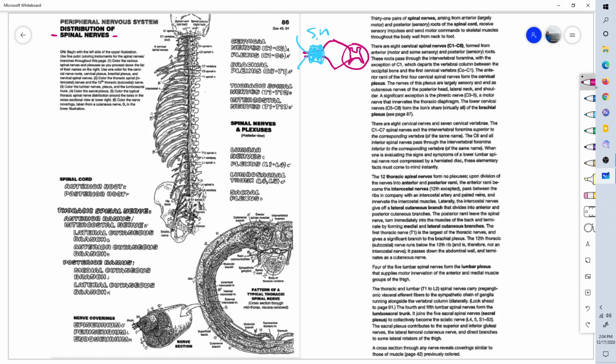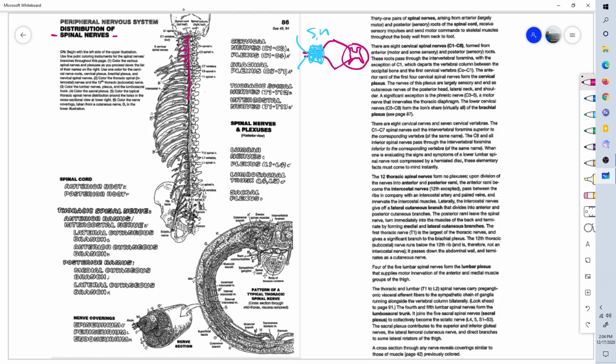So at each level of the spine, a spinal nerve exits. The drawing is very small here. So the spinal nerve would be, say, here and here, very difficult to see, and here and here. The spinal cord, of course, runs right down here.